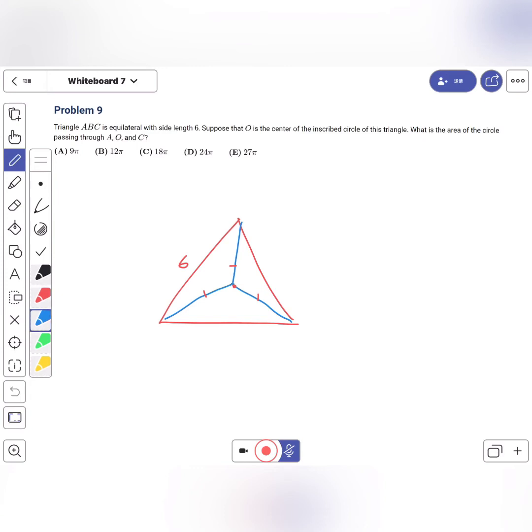Then by the centroid theorem, this will be in a ratio of 2 to 1. So therefore, since it's in a ratio of 2 to 1, and the height is going to be 3√3, let's mark that.